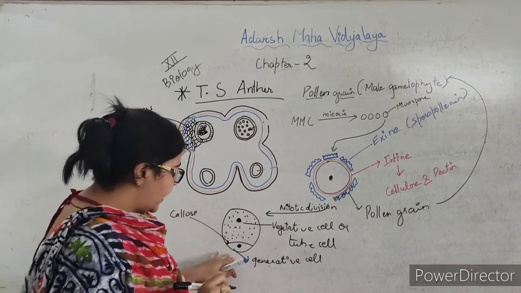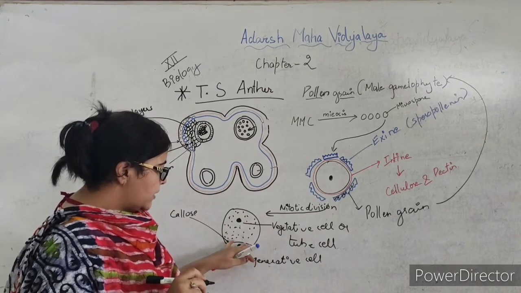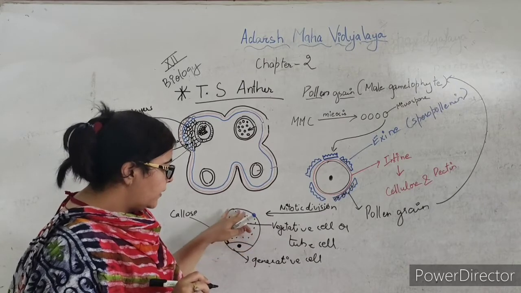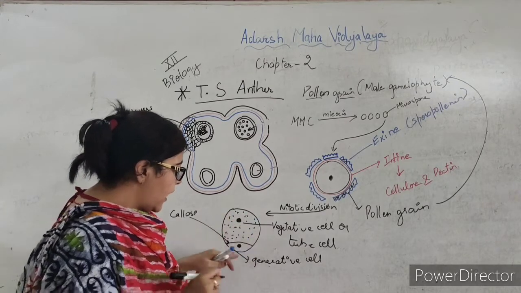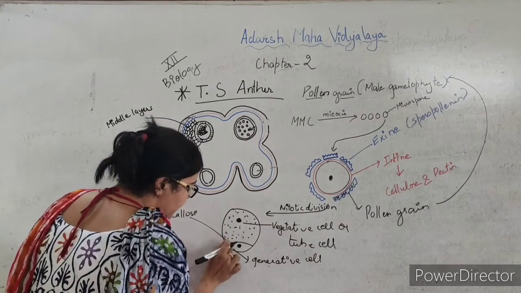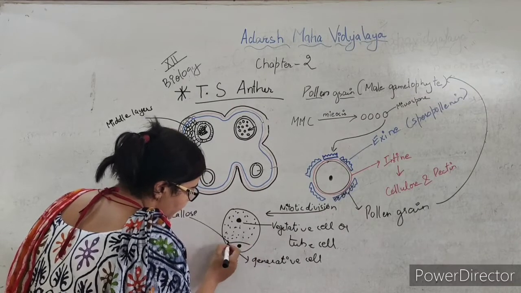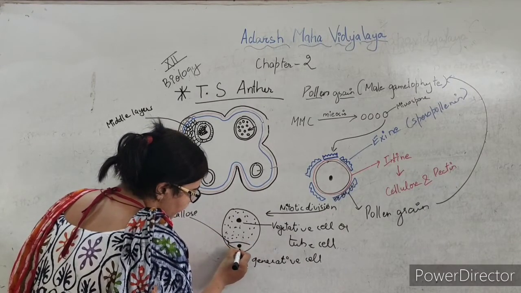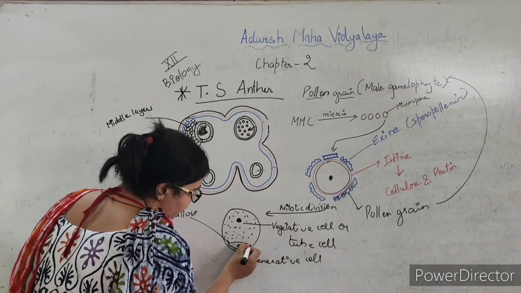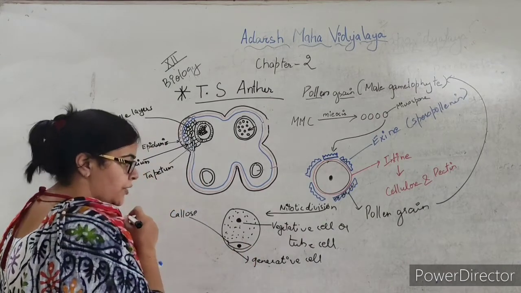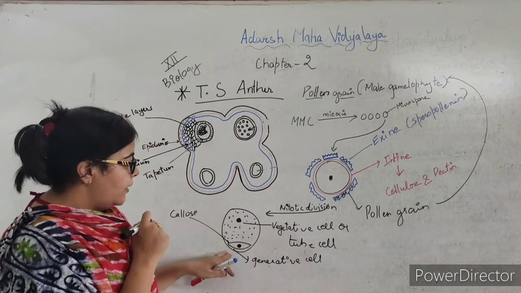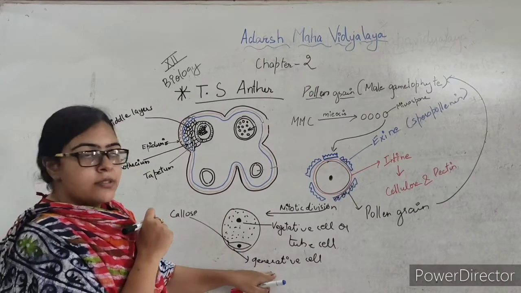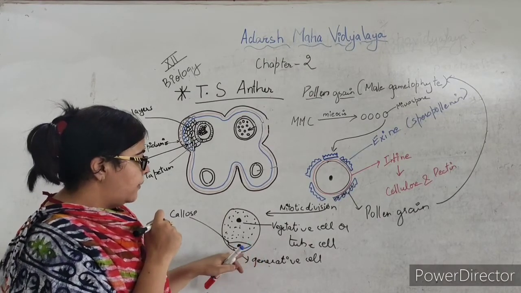Now after some time, this cell will come into this area of the vegetative cell and it will float inside the cytoplasm of the vegetative cell, looking spindle shaped. So we can say that the generative cell looks like a spindle.